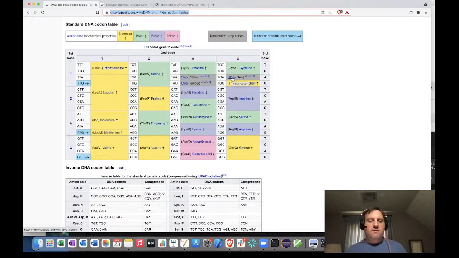And so all of these have meanings. You can see that more than one DNA code translates into these different amino acids. All right, and some of them have more flexibility than others. So you can see there's a whole lot of them that translate to leucine, but there's only one of them that translates into methionine.